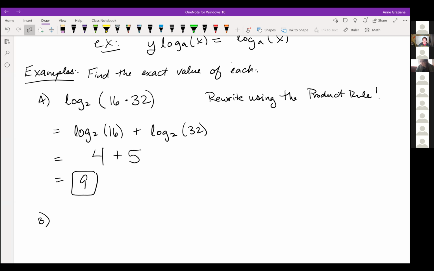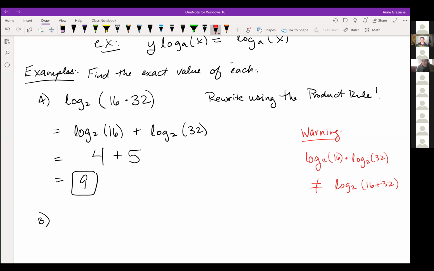What you have to be careful about, I'll put a warning over here. You cannot say this: log base 2 of 16 times log base 2 of 32 is not equal to log base 2 of 16 plus 32.